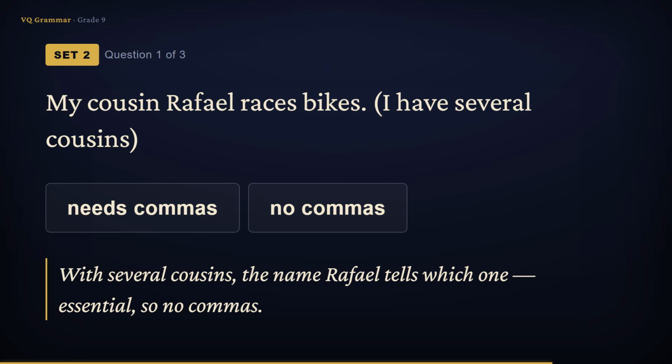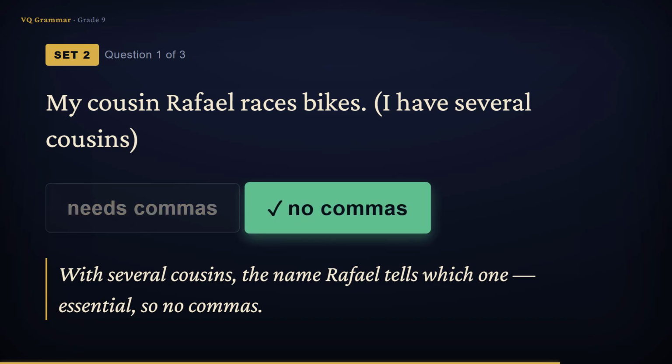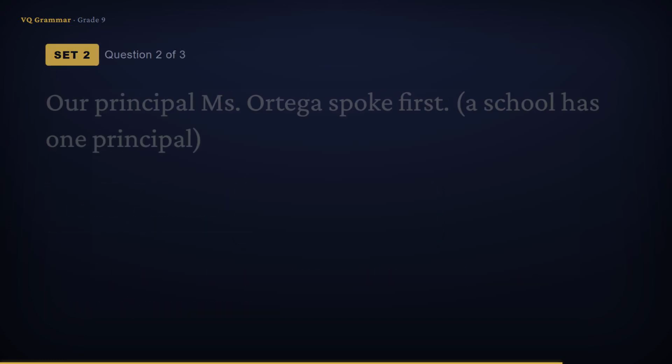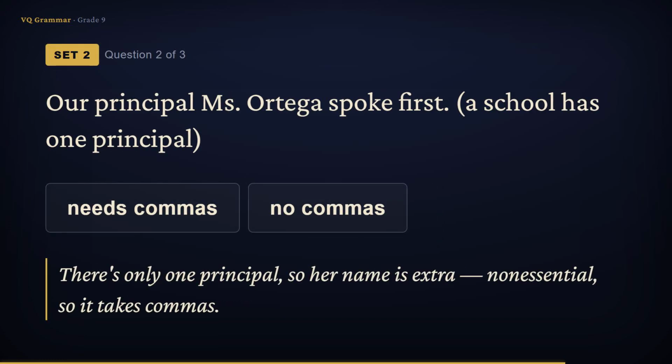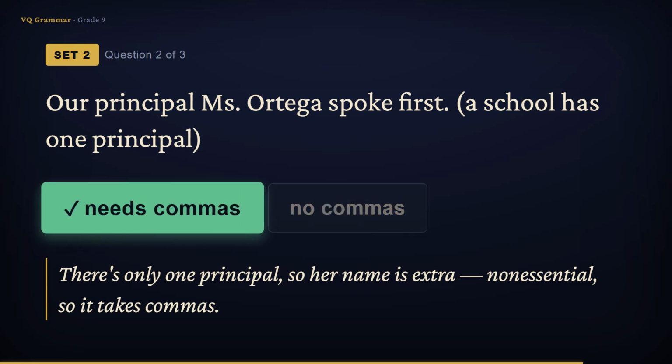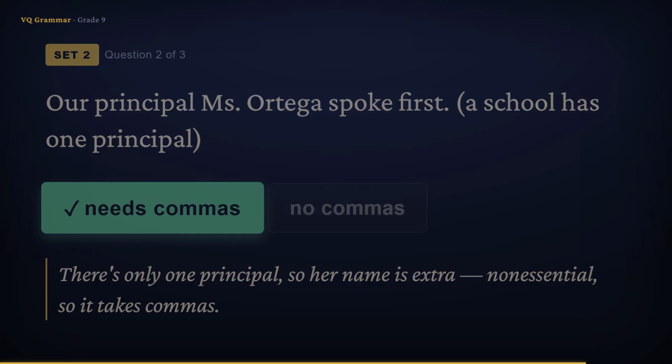It tells you which cousin I mean. That makes it essential, so it takes no commas. The answer is no commas. Our principal, Miss Ortega, spoke first, and a school has just one principal. Since there's only one, her name is simply extra information, not something we need to tell principals apart, so it should be set off with commas. The answer is needs commas.